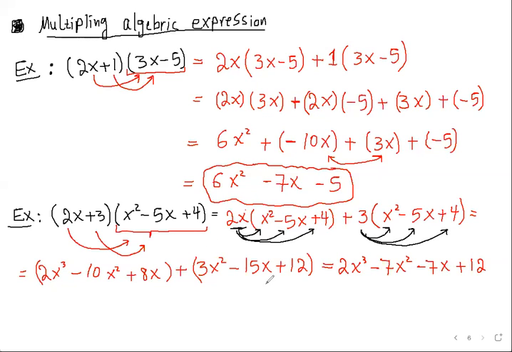Here we combine like terms, minus 15 and minus 10. 2x to the third is alone, this is with this, and this is alone. Make sense? Okay, any questions? It's good right now?